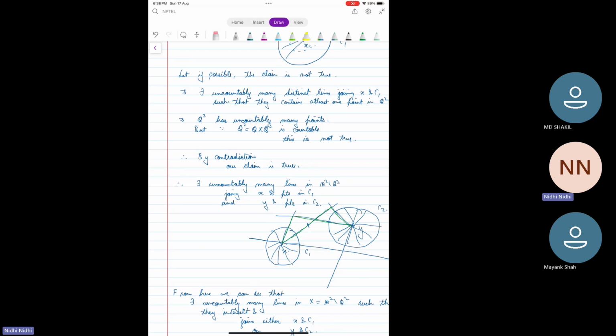So basically, we need to find at least one, so that it can intersect with the line from another point also. But how can we guarantee that? It seems to me that this should happen because we have uncountably many options. But yeah, you are also right, how to say that explicitly.